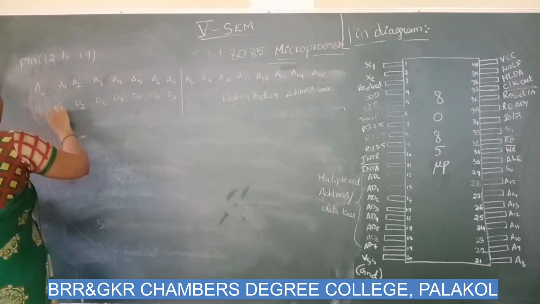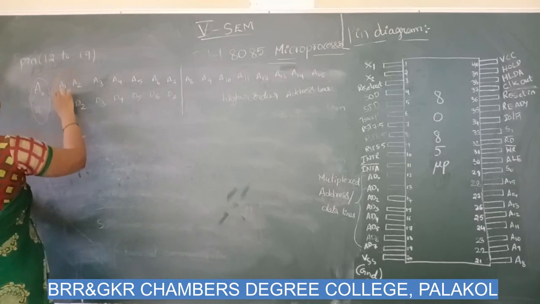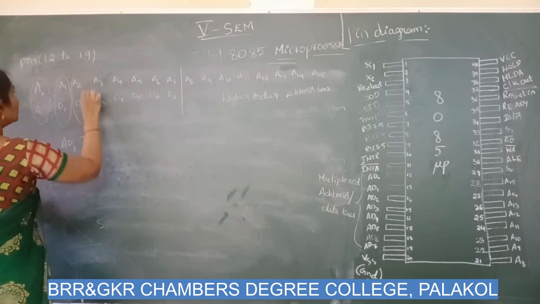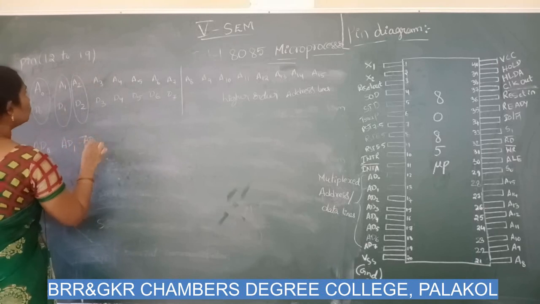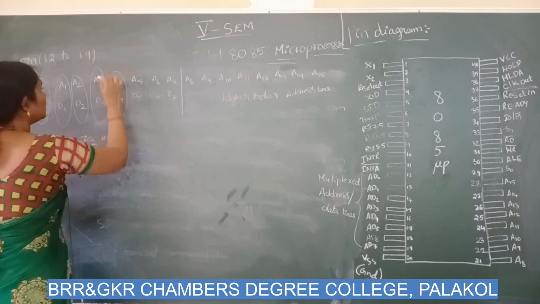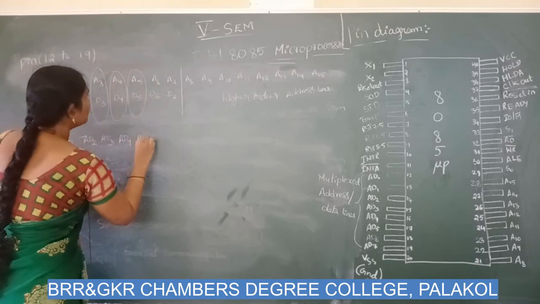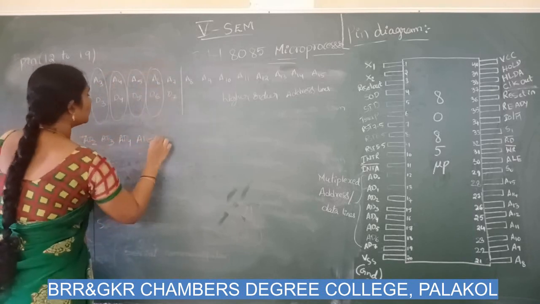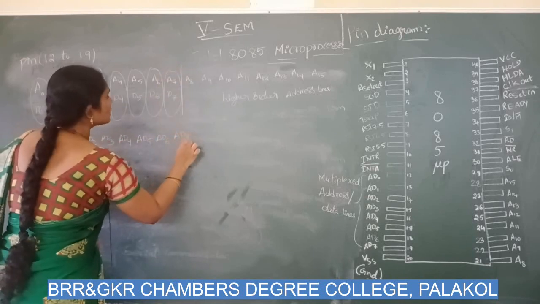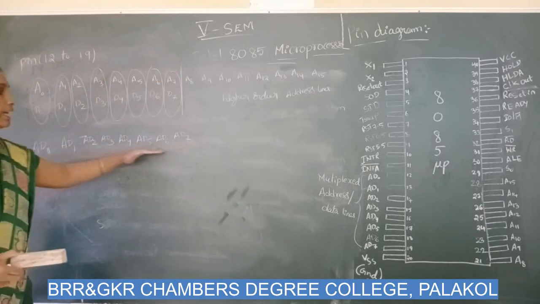Combining these two lines forms AD0, then AD1, AD2, AD3, AD4, AD5, AD6 and AD7. So these are the lower order address and data lines.